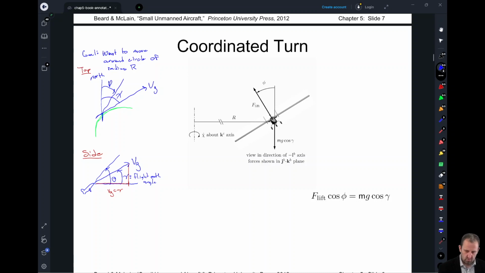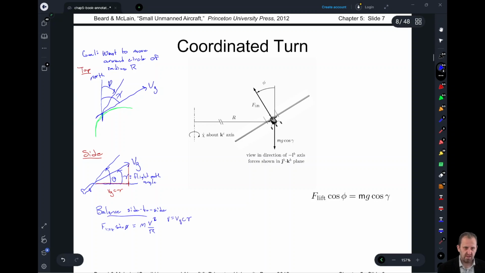When we go to balance the side-to-side force, that centrifugal force that we're feeling, we'll still have F lift times sine of phi equal to mv squared over r. In the horizontal direction, this time our v is equal to Vg cosine of gamma.